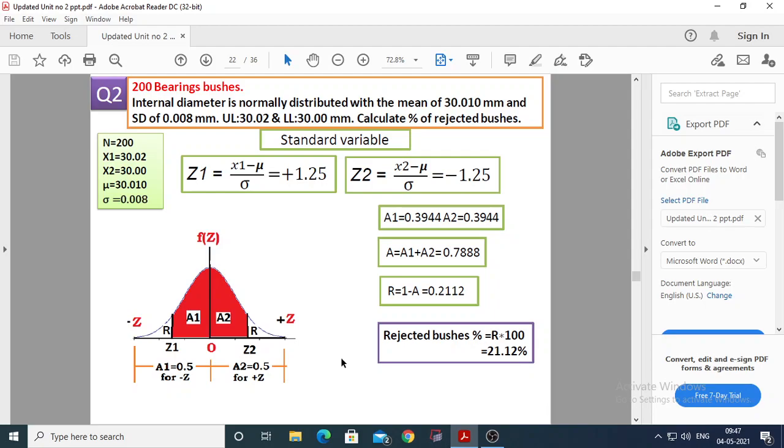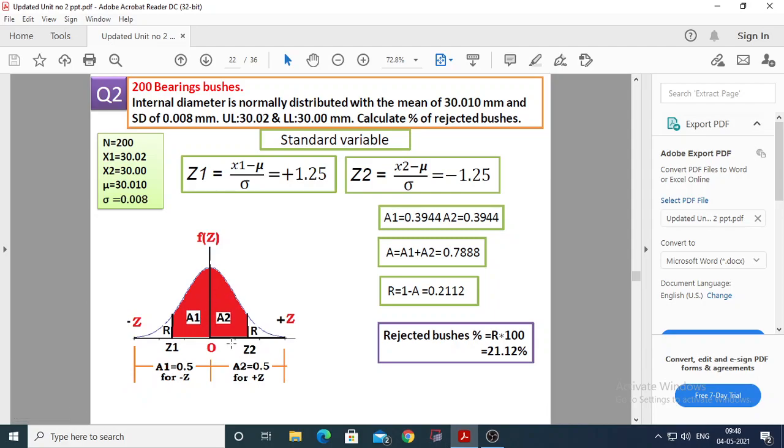Very simple. You know the value, only the random variable; after the random variable, check the table. From that chart you have to find the area value. Then make the summation of these two, area 1 and area 2. Then calculate the rejected area: rejected area is equal to 1 minus accepted area, since total area is 1.